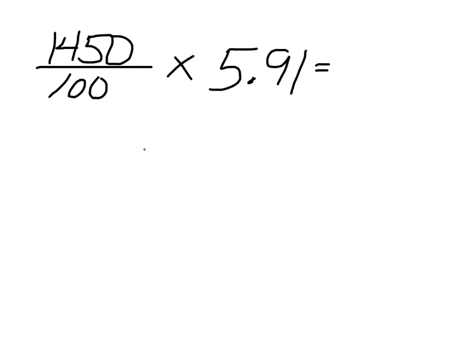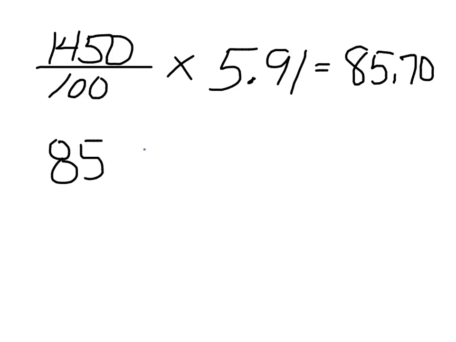I don't have a calculator on me, so this is up to you guys now. What is 1,450 divided by 100? 14.5. And then that number times 5.91. What's my monthly payment? 85.70. Okay. Now I take the 85.70 that I got for the monthly payment and I times it by 18.